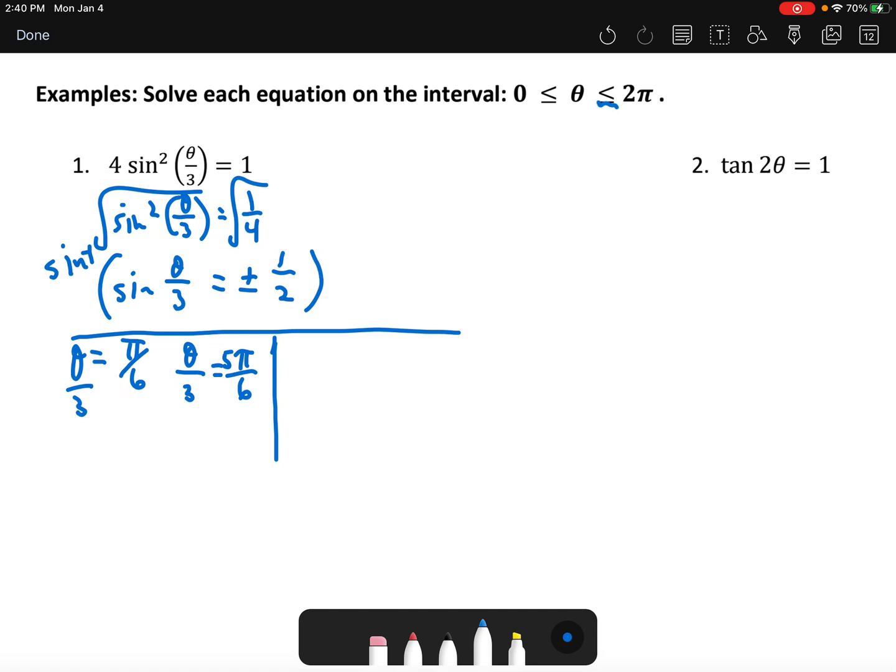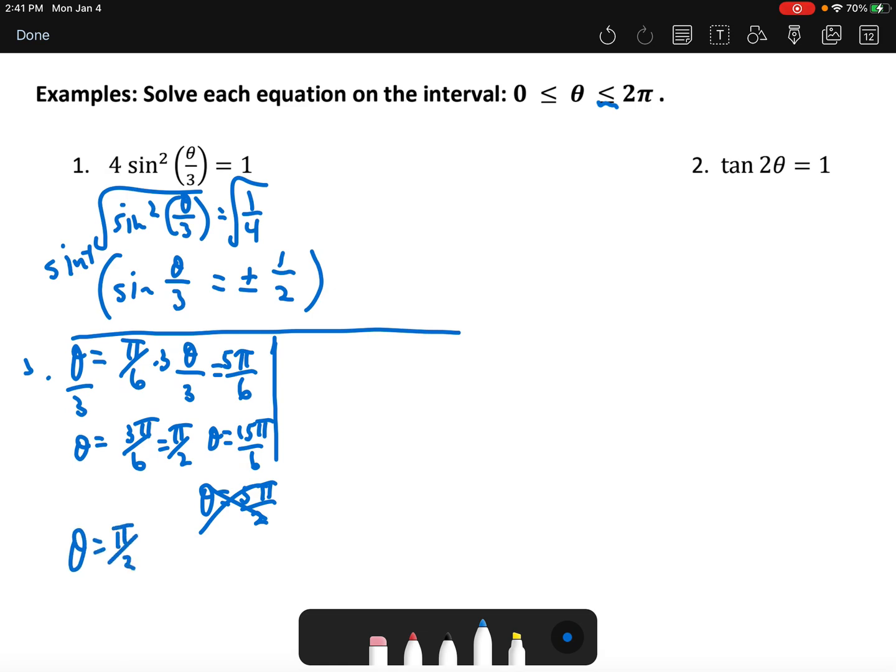You can cross multiply these, or you can just simply multiply by 3. So theta would equal 3 pi over 6 or pi over 2. That's one answer. The other answer would be 15 pi over 6. What's 15 pi over 6 reduced to? Let's see, 3 goes in there 5 times, 3 goes in there 2 times, 5 pi over 2. Well, 5 pi over 2 is bigger than 2 pi, so that's a redundant answer. So far, our only answer is pi over 2.